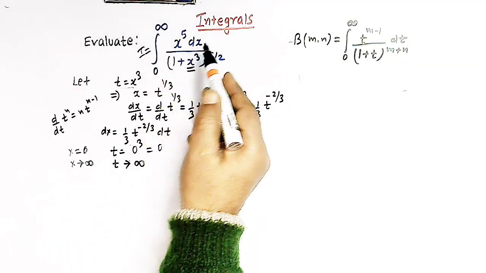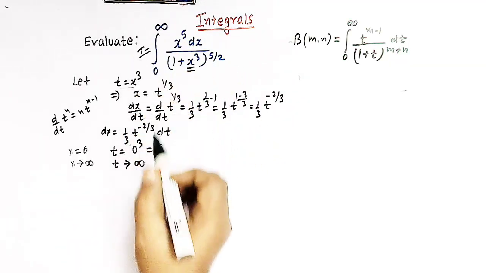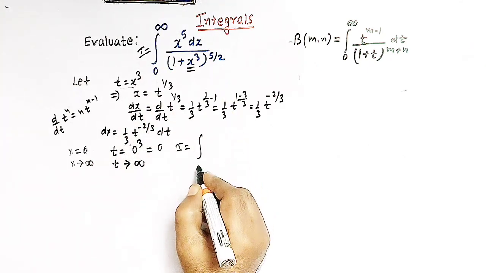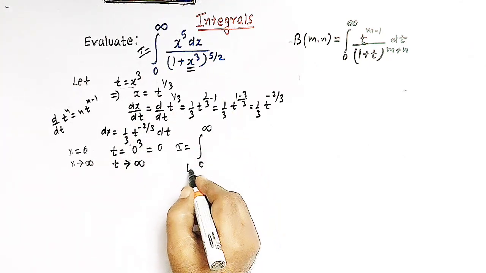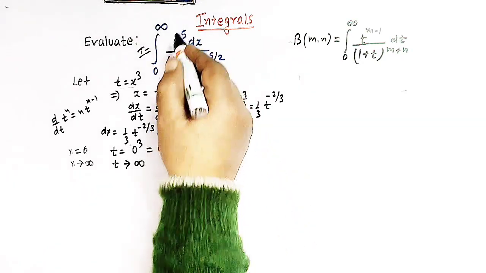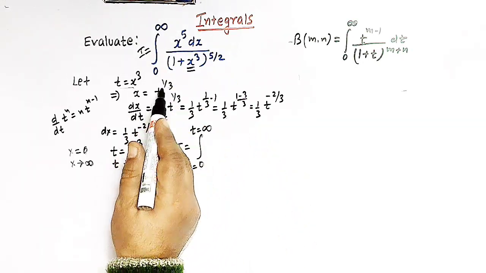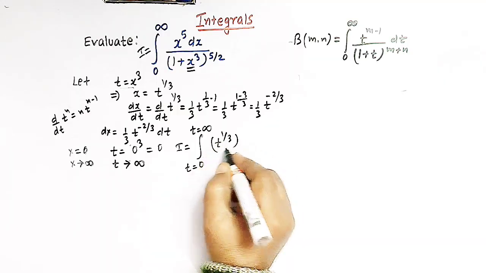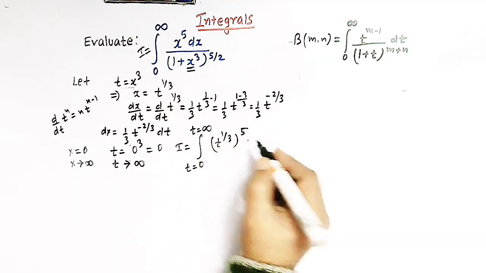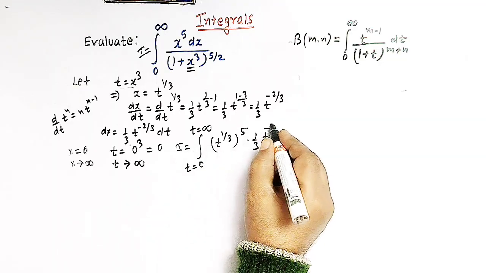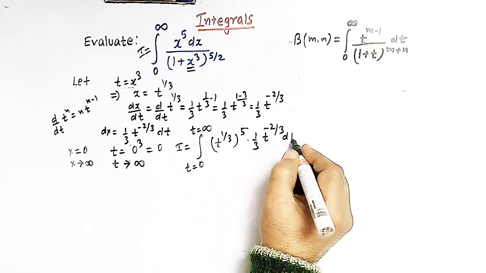So now let us write this integral I in terms of t. We can now write the integral from 0 to infinity, and then we have x raised to 5, where x is t raised to 1 over 3, so we have t raised to 1 over 3 the whole raised to 5. For dx, we can now write 1 over 3 t raised to minus 2 over 3 dt.